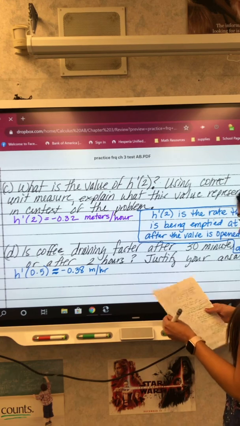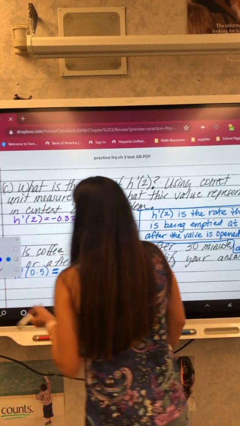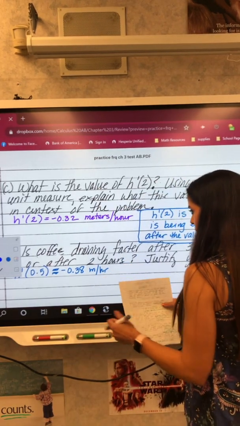So now we need to do our write-up for this. So let me switch. I think I will do red this time. Okay, and I think I can fit it down here.